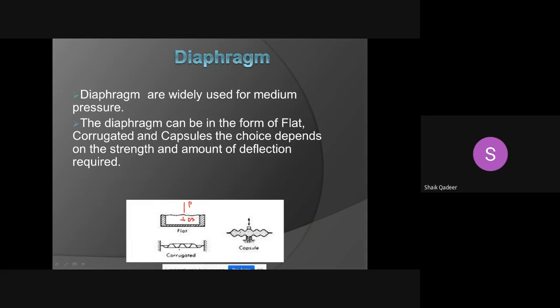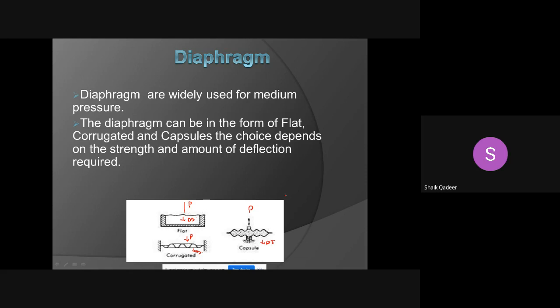Corrugated shape is like sinusoidal signal, already told you, right? Here also on one side pressure is applied, on the other side displacement is created. Capsule shape is like a capsule, on which one side pressure is applied, on the other side displacement is created. Hope it is clear to everybody.